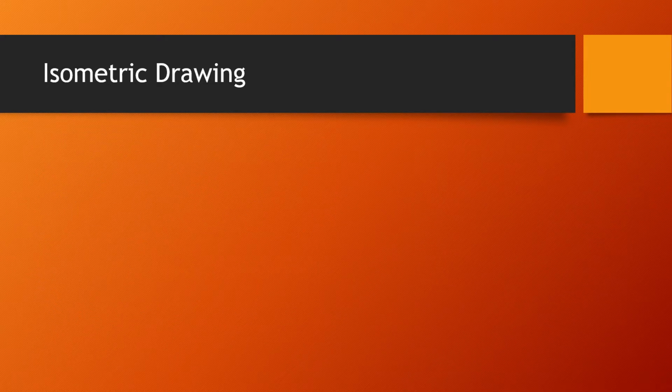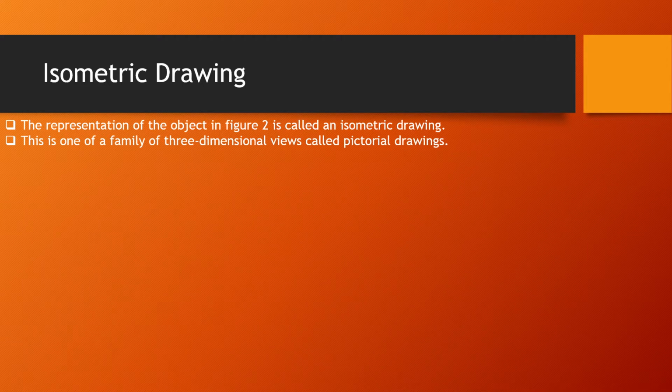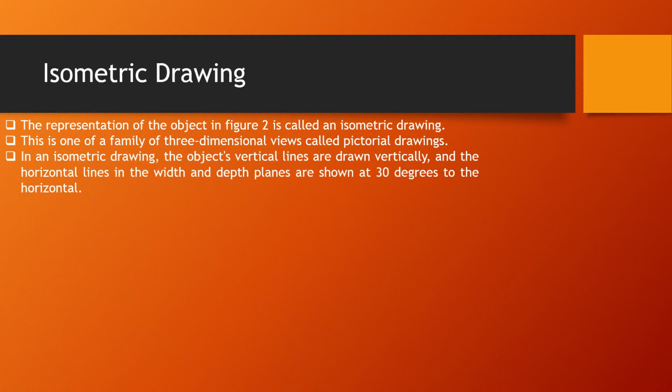Okay, now we will discuss isometric drawing. The representation of the object in figure 2 is called an isometric drawing. This is one of a family of three-dimensional views called pictorial drawings.